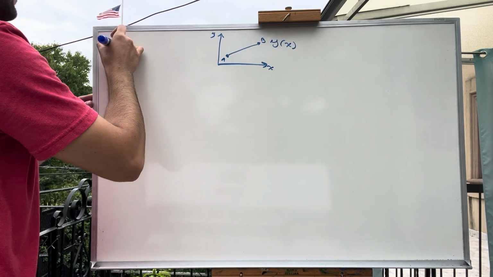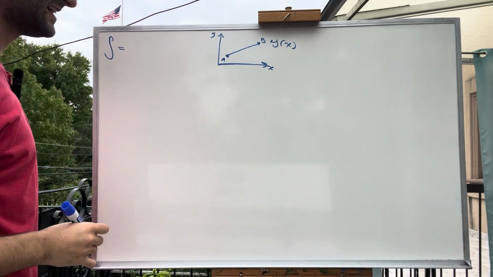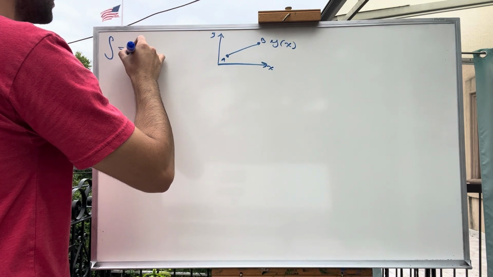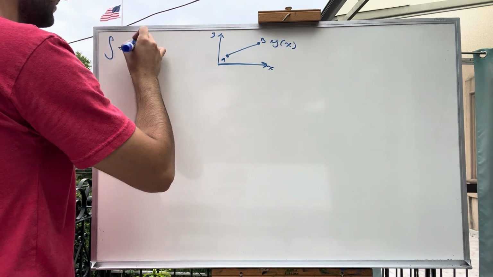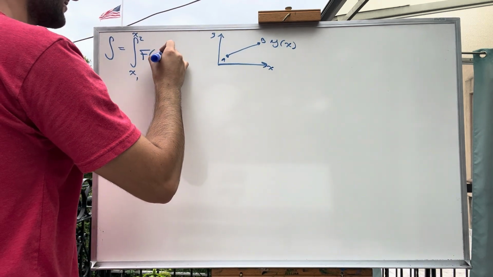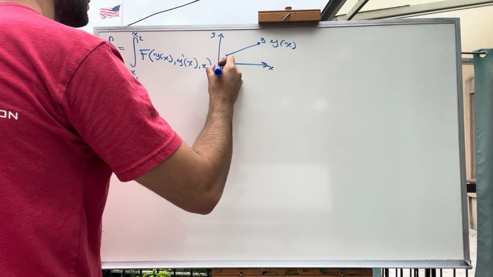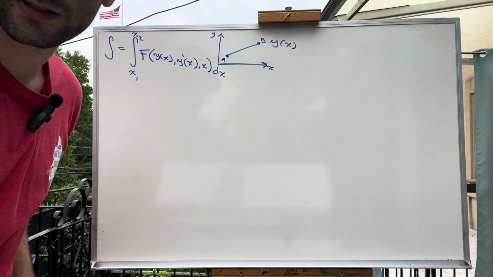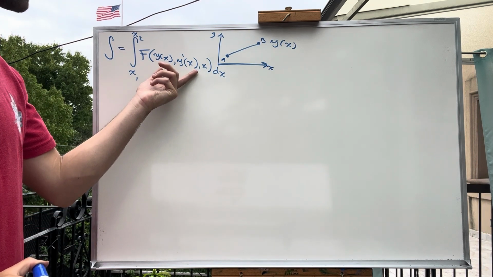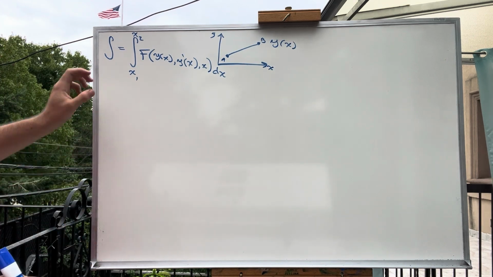And in finding the total distance from A to B of any arbitrary function, it was the integral from x1 to x2 of some function of functions y of x, y prime of x, and the independent variable x, dx. And I have done you a disservice by calling this a functional, when in reality, the functional this whole time was the distance s.